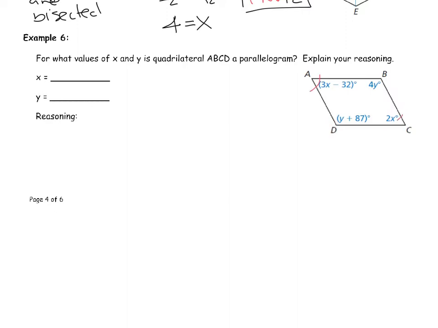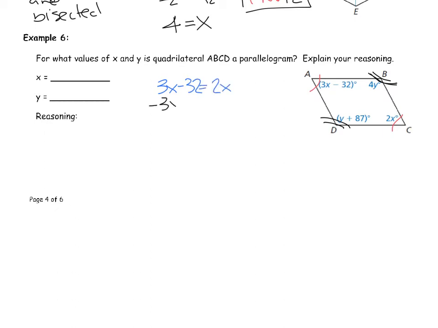So, angle A would be congruent to angle C, and angle D would be congruent to angle B. So if that is the case, then we're going to set them equal to each other. So let's deal with the x first. So that is 3x minus 32 equal to 2x.